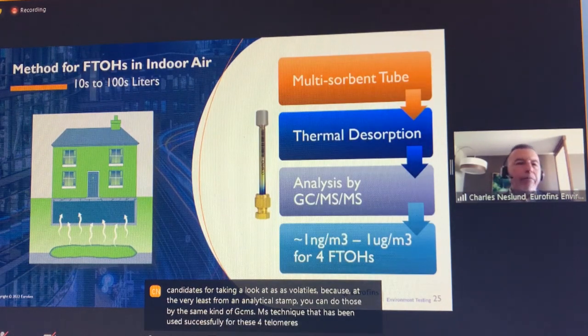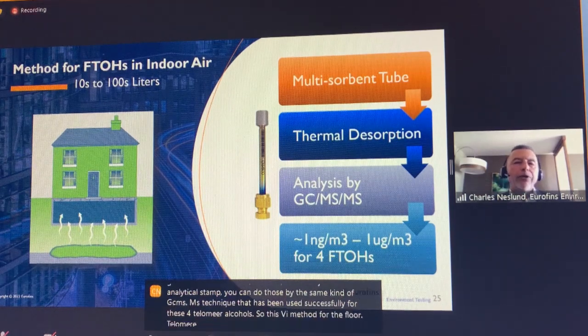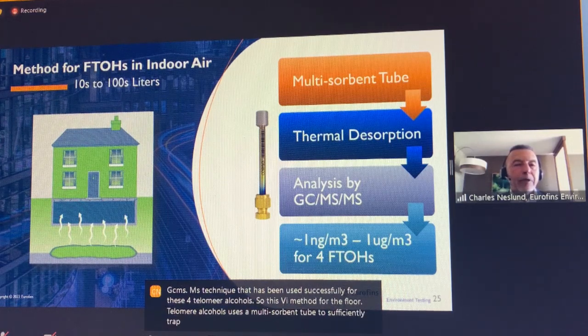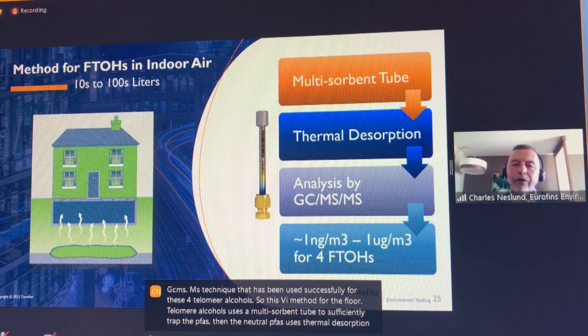So this VI method for the fluorotelomer alcohols uses a multi-sorbent tube to sufficiently trap the neutral PFAS, and uses thermal desorption. I saw at the end of Brian's discussion he was going through a lot of this.